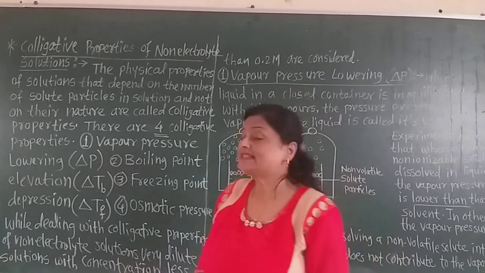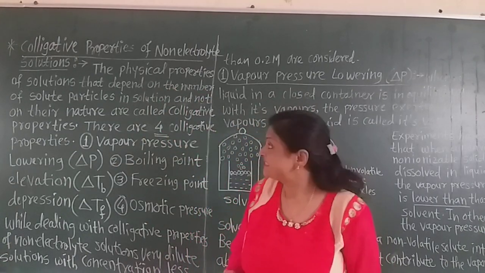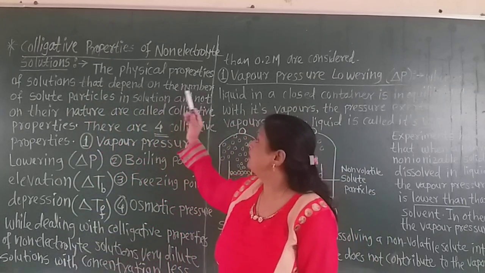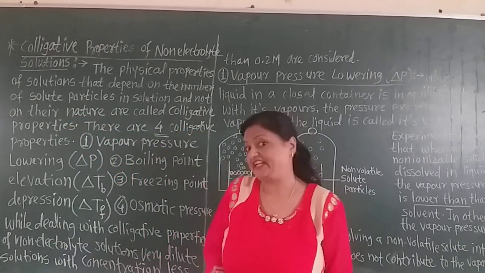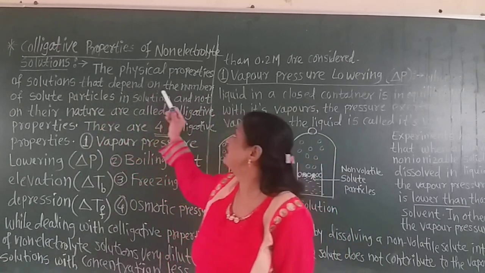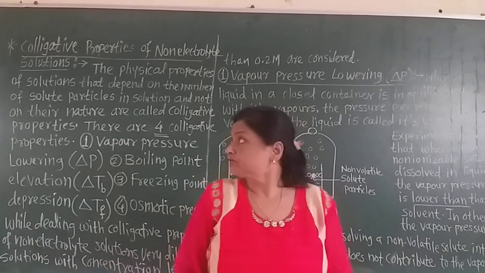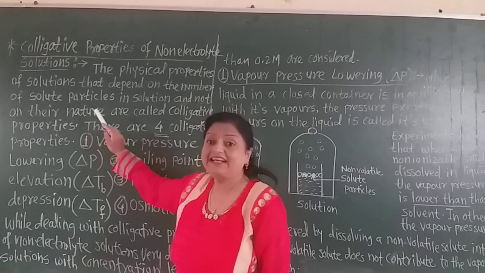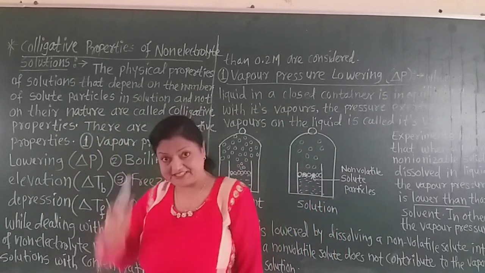What is the definition of colligative property? The physical properties of solutions that depend on the number of solute particles in the solution and not on their nature are called colligative properties. This word is very important.